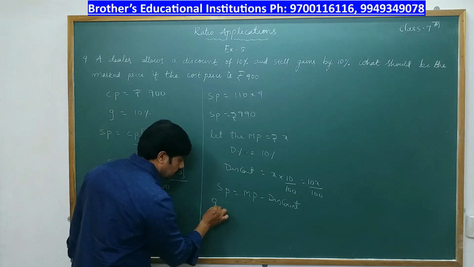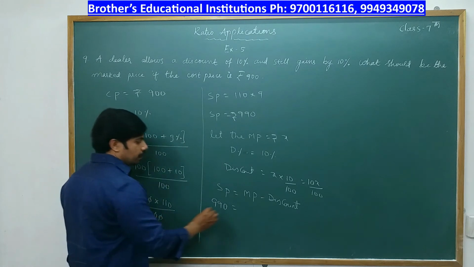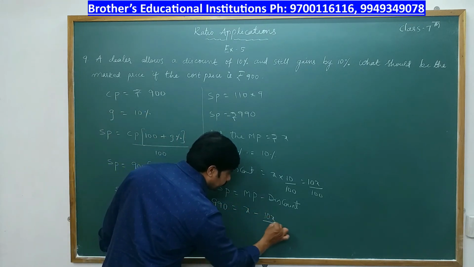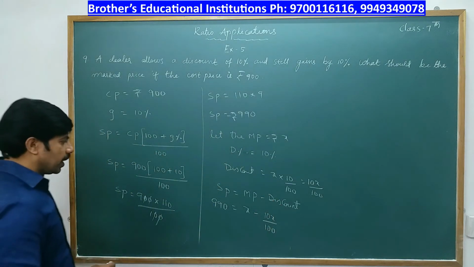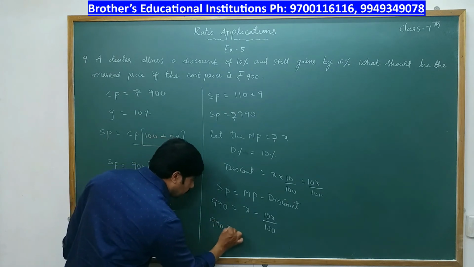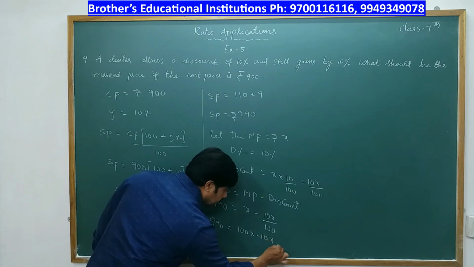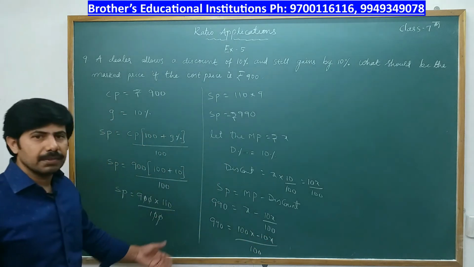So 990 is equal to marked price X minus discount 10X by 100. So now what we'll do, we'll calculate this. So 990 is equal to 100x minus 10x by 100.